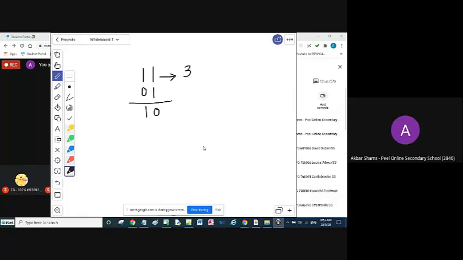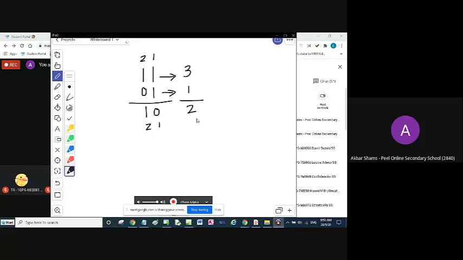Remember, this represents 1, this represents 2, 4, 8, 16, and so forth. So 11 is 3, 01 is really 1. 10 becomes 2 because this is 1, this is 2. And 3 minus 1 is 2. So our subtraction worked. Any questions so far?